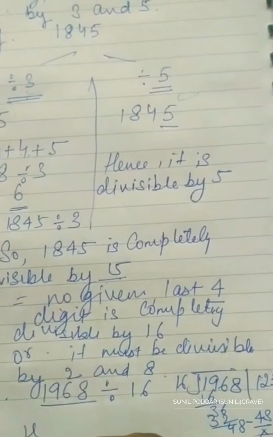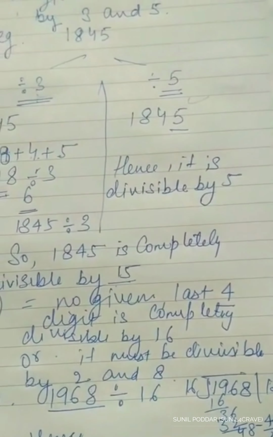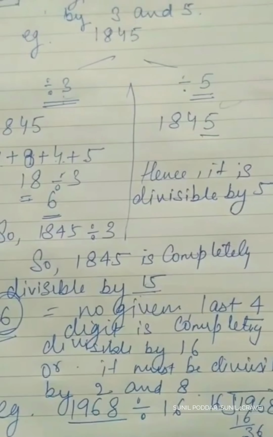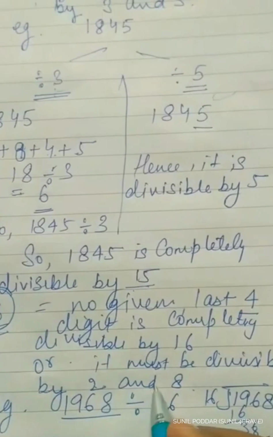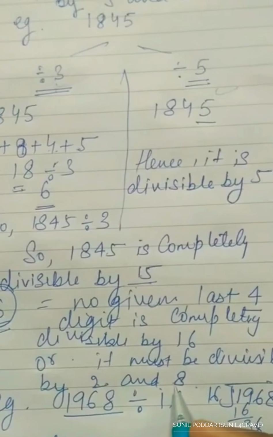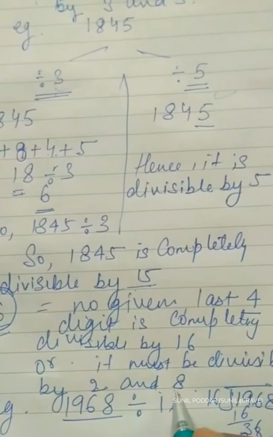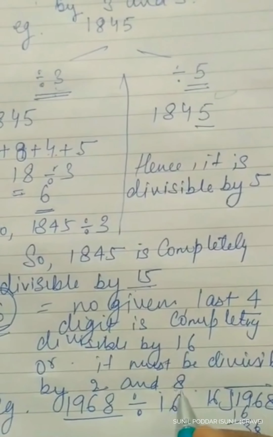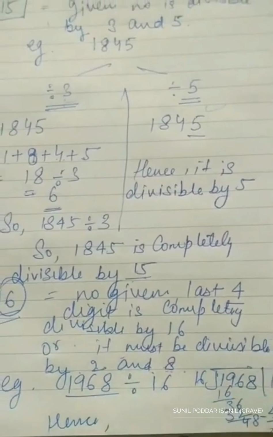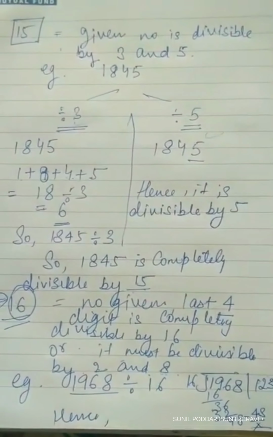Hence 9268 is divisible by 16. But it is also good if you go by 2 and 8. For 8, you know the last 3 digits must be divisible by 8, and 2. So whatever you want, you will go with it.